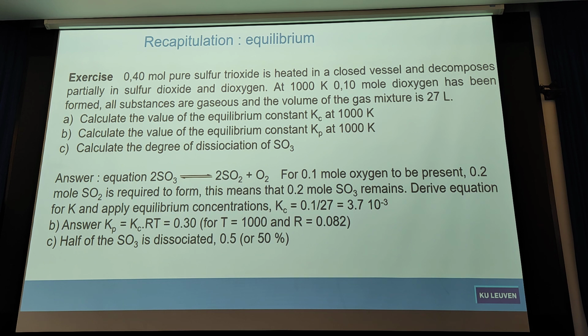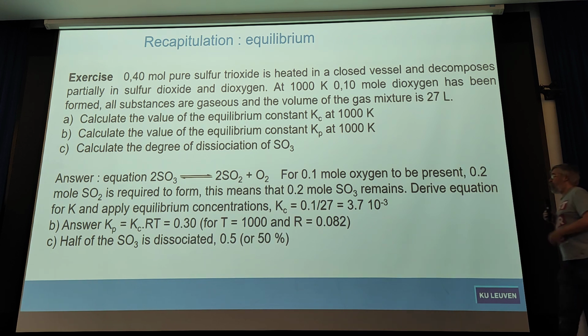So we know in fact the amount of moles of all of the mixture. 0.2 SO2, 0.2 SO3, and 0.1 O2. So we actually can derive the concentration constant from that.